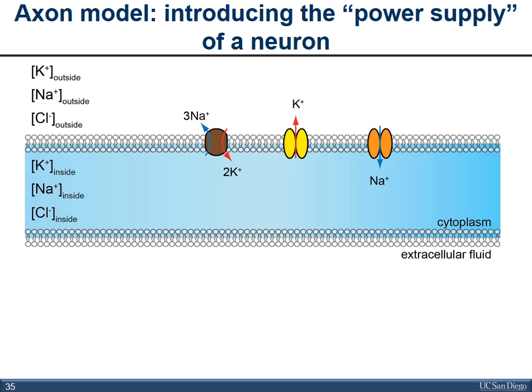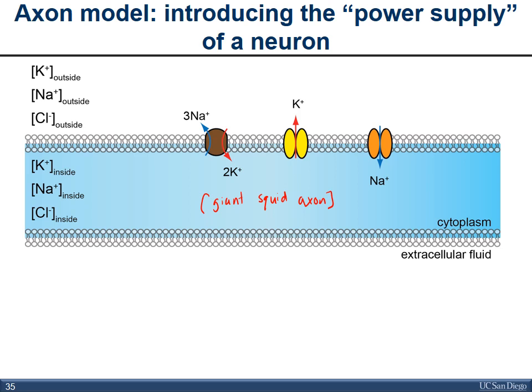So let's introduce a model of the axon itself, and we can think of this as the power supply of the neuron. How this effectively gets established is within the inside of the axon, and in this case we're going to go through an example of a giant squid axon, and this is just for classical reasons.